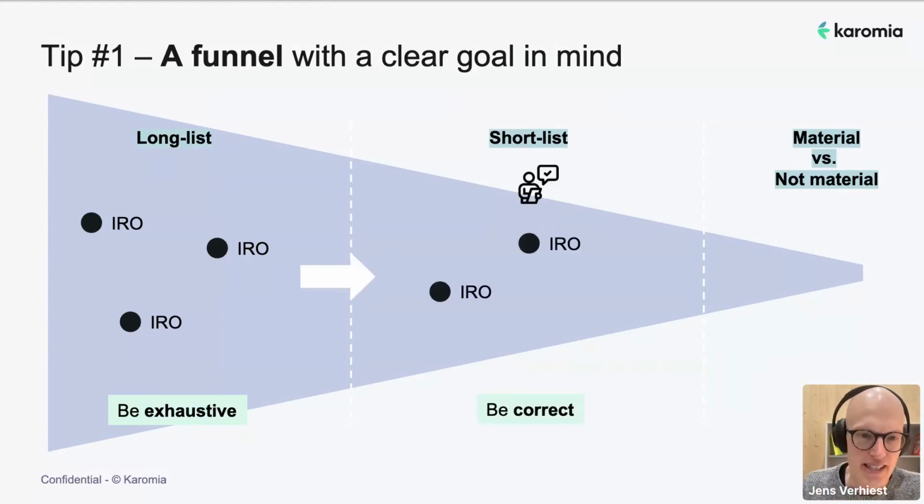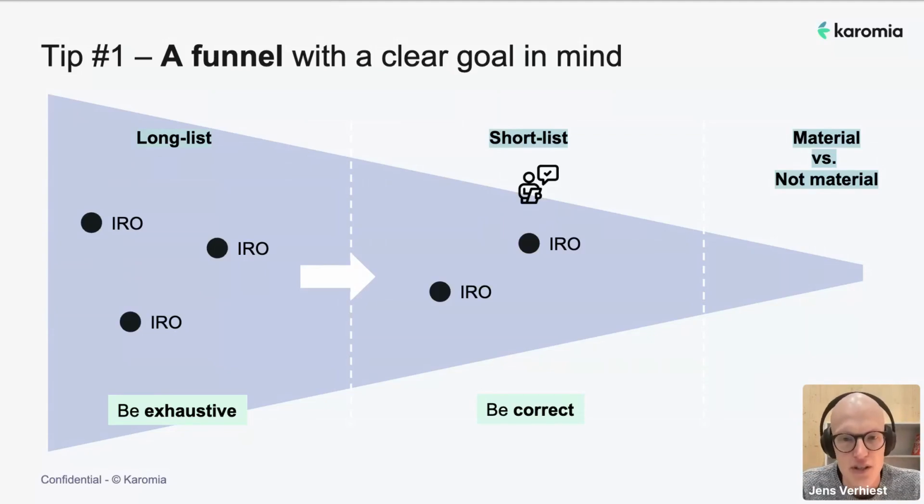When you go to the next step, in the direction of the shortlist, there you will take some of those IROs and you'll assess them with your stakeholders. So you will ask for feedback from your affected stakeholders and then actually define which ones are material and which ones are not. In this part of the funnel, it's important to be correct.